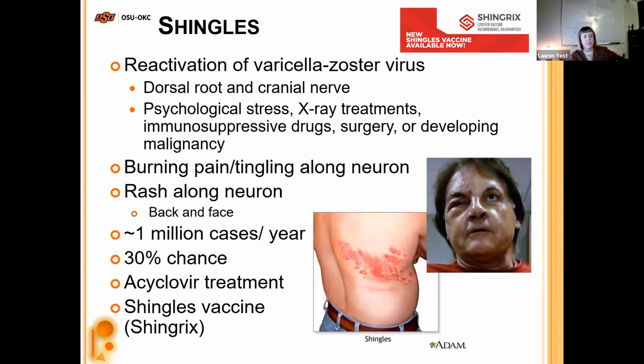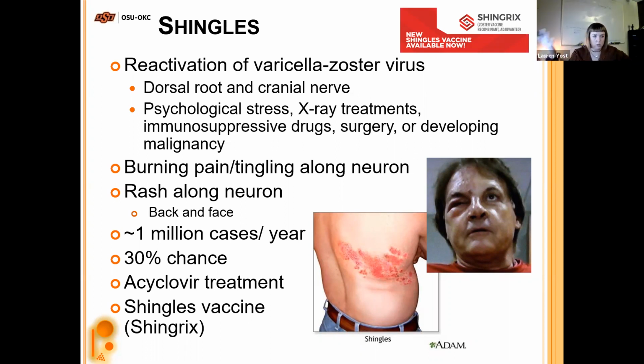Burning pain and tingling along the neuron is what most people will feel. From what I understand, I've never had it, but it's considerably more uncomfortable than the chickenpox initially was. You'll get a rash all along the neuron area on the back and the face. We see about 1 million cases per year of this. There's a 30% chance of getting shingles if you've had chickenpox previously.